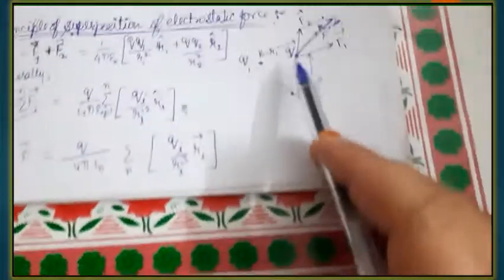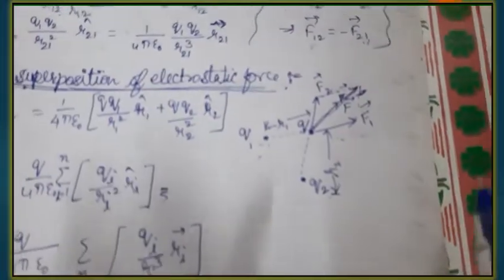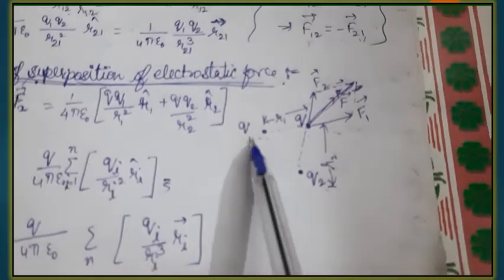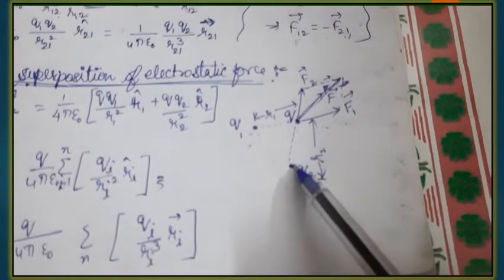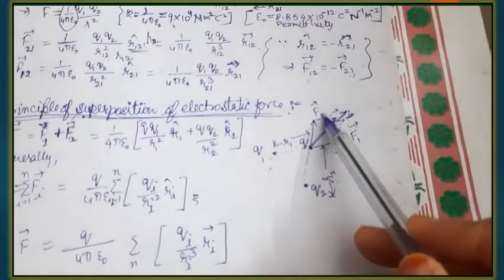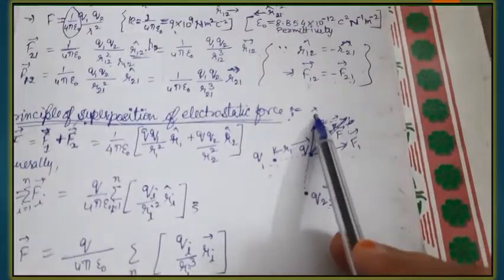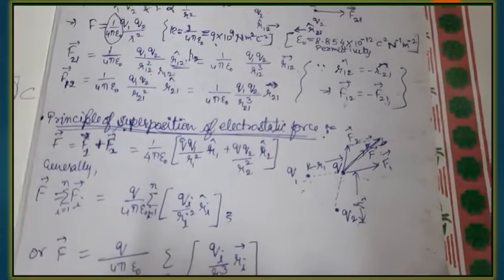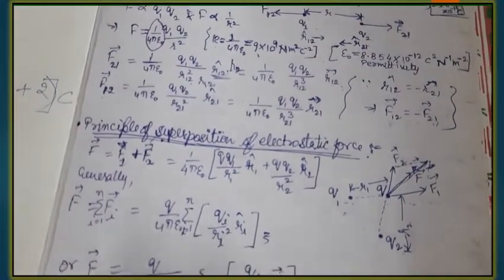On this charge q, there will be two forces acting. One force will be F1 due to the charge q1, and another will be F2 due to charge q2. As you can see, the two forces F1 and F2 are not along a straight line.